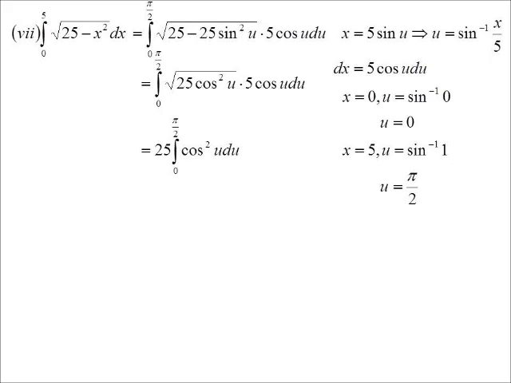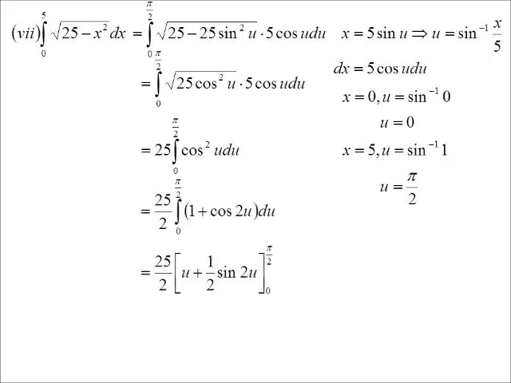Cos squared, that's where we use one of our double angle theorems. Cos squared we can rewrite as a half of 1 plus cos 2u. And remember, sine squared is a half of 1 minus cos 2u. The handy ones to remember. So now we integrate the 1, we integrate the cos 2u. I get u plus a half sine 2u.